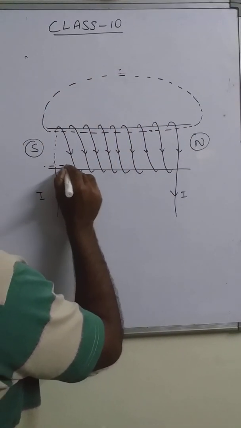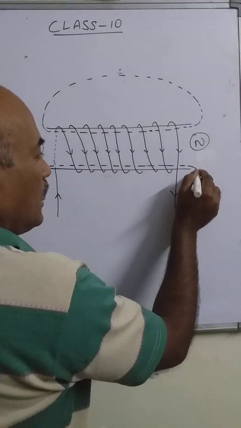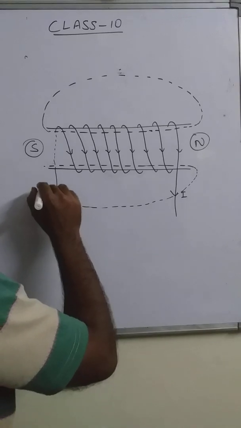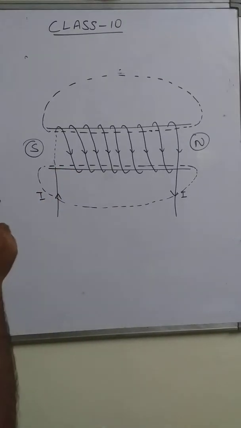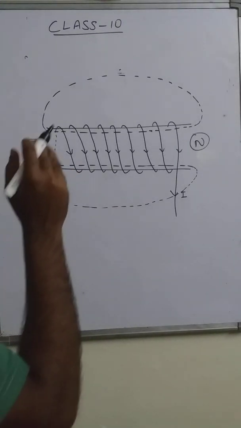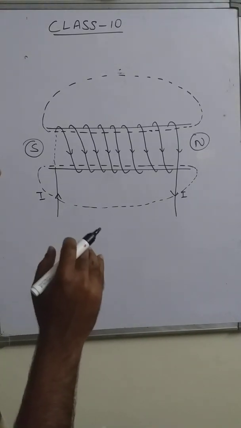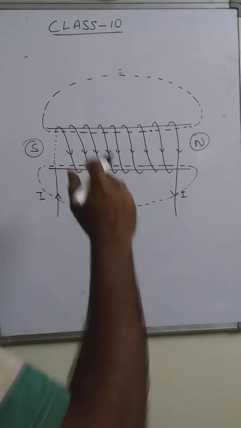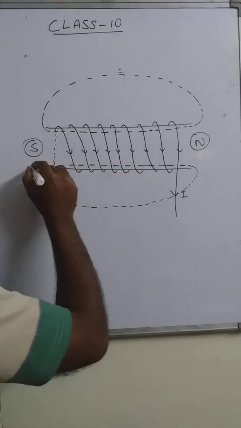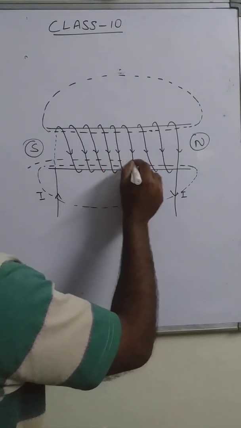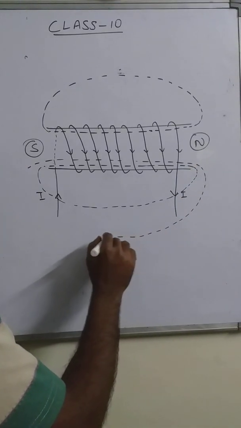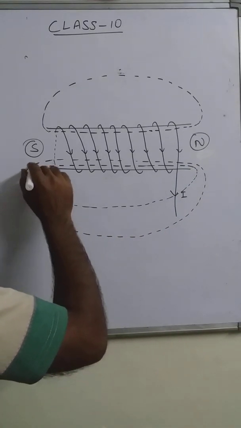Another line. Here I am drawing this diagram slowly because this is very important. This type of question is also asked: draw the magnetic field pattern due to a current carrying solenoid. The field lines should be drawn properly.